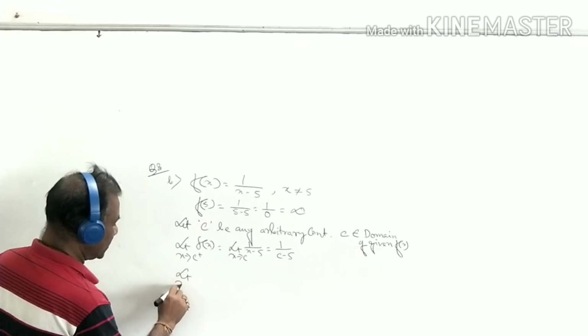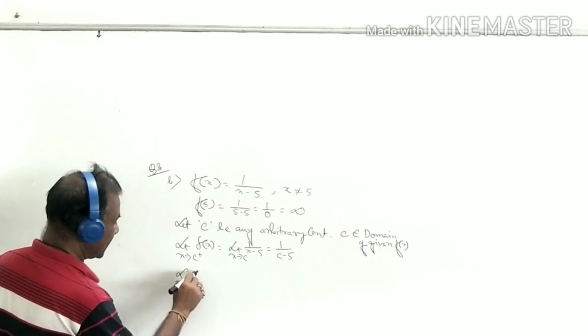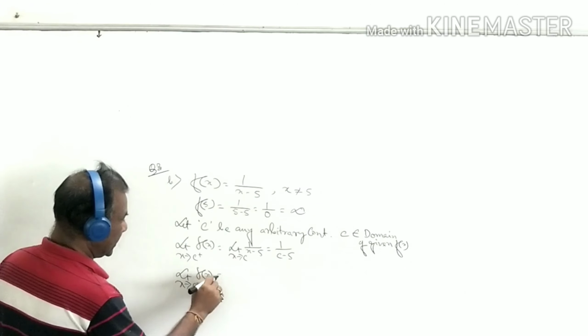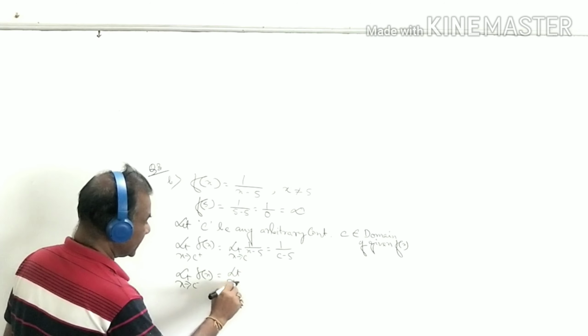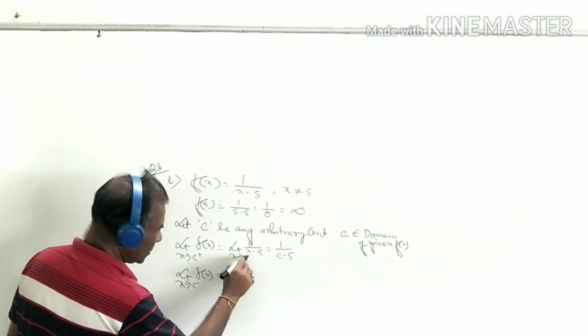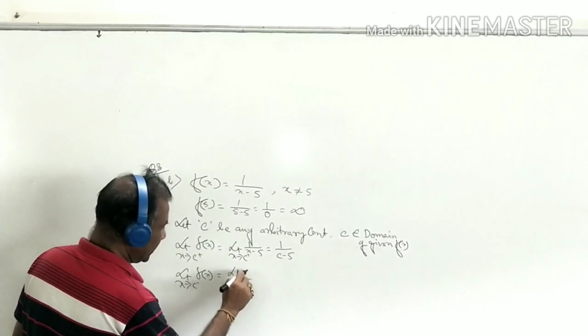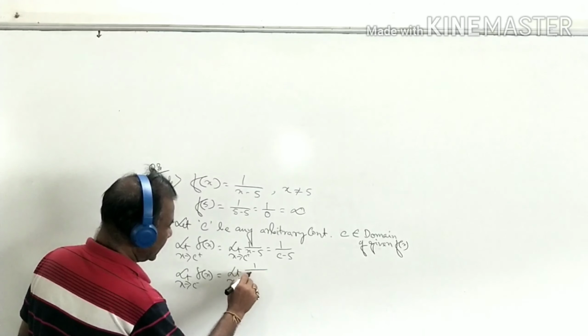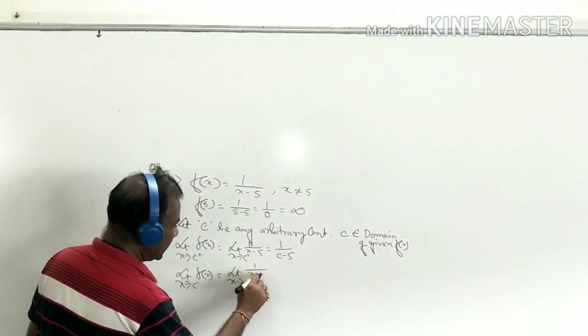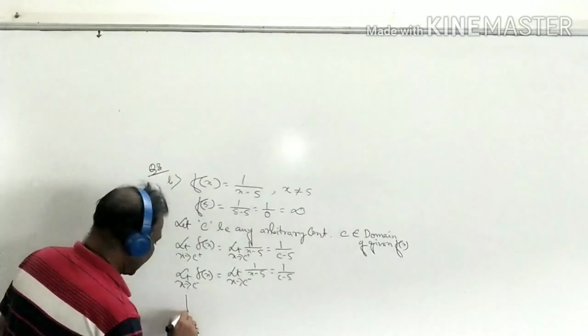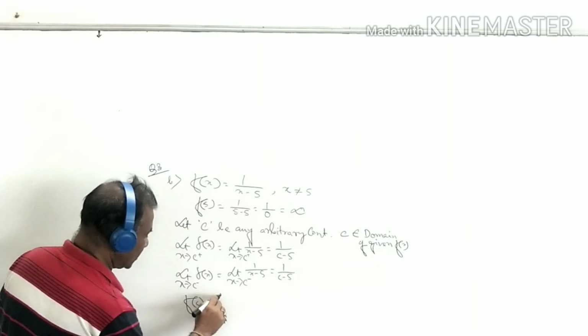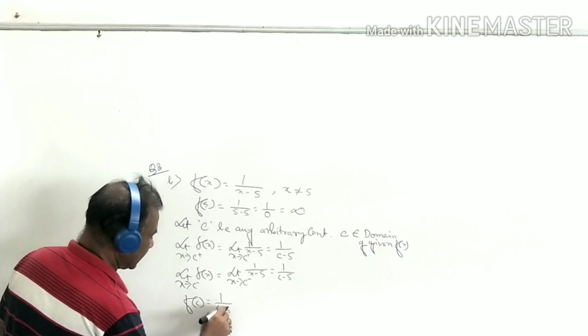Limit x tends to c minus f(x) equals limit x tends to c minus 1 by x minus 5, which equals 1 by c minus 5, and f(c) is also 1 by c minus 5.